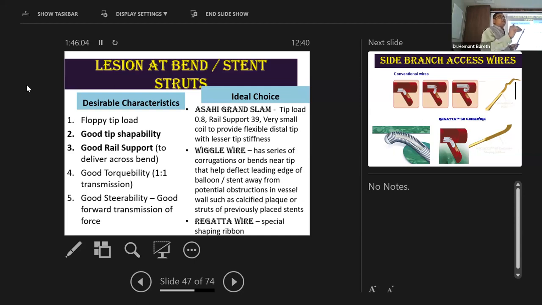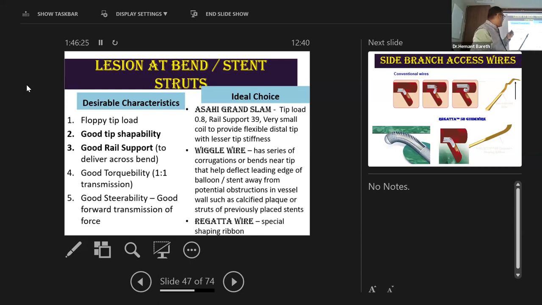You need a floppy tip load wire, which can be shaped properly, because ultimately you shape it before putting the wire inside, and then you know where the stent started and what angle the vessel is coming, and based on that angle you shape your wire properly.